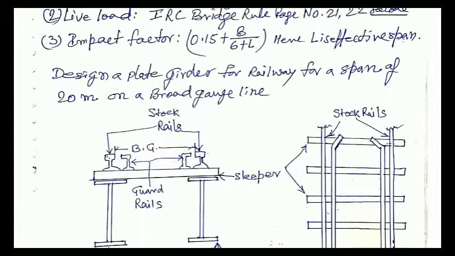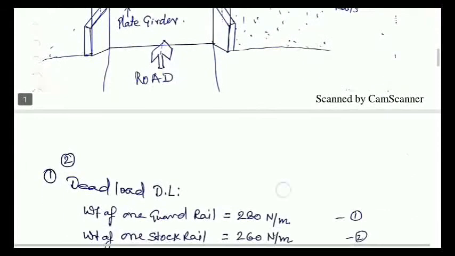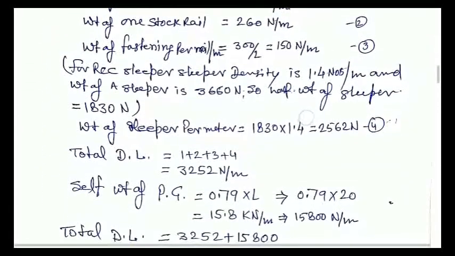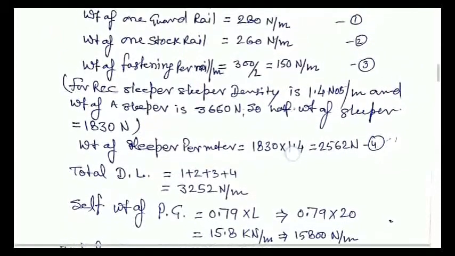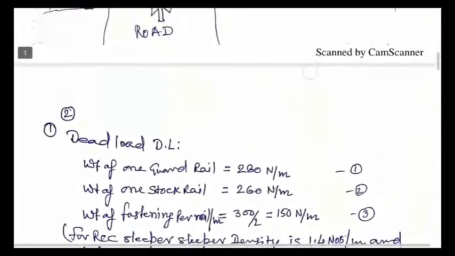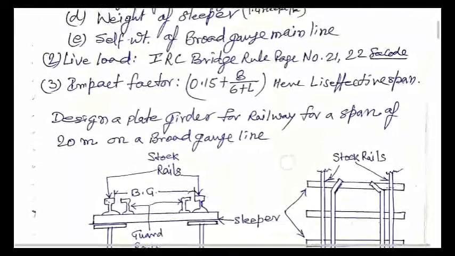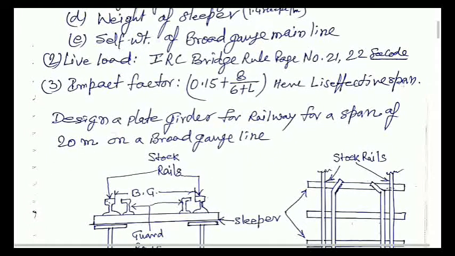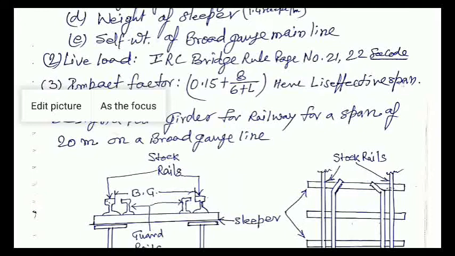Now come to the design of the plate girder bridge. Here you are given a problem to design a plate girder bridge for a span of 20 meter on a broad gauge line. This means you have been told the gauge of the railway line and the span of the bridge, 20 meter.